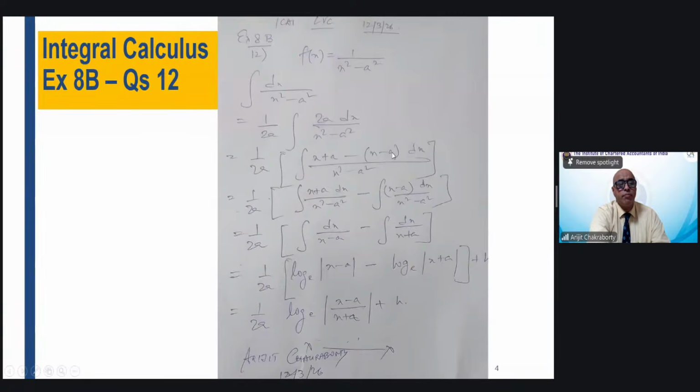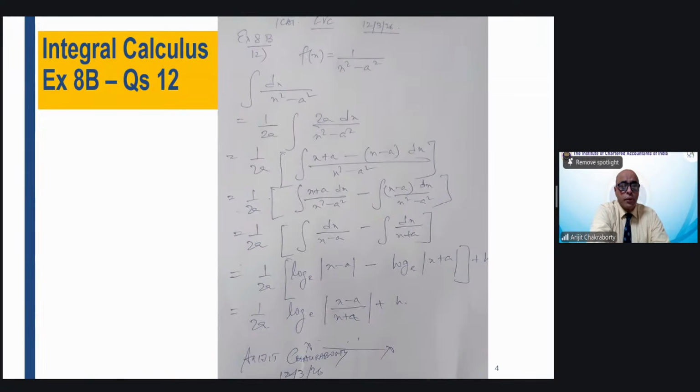So x plus a minus x minus a, if you do, you will get x and x will cancel, you will get 2a. Now please see, I have now broken down this into two integration. First part is 1 by 2a जैसा है, बाहर common है. It's a constant term. We have taken it outside. अब मैंने क्या किया? x plus a becomes the first term and x minus a becomes the second term.